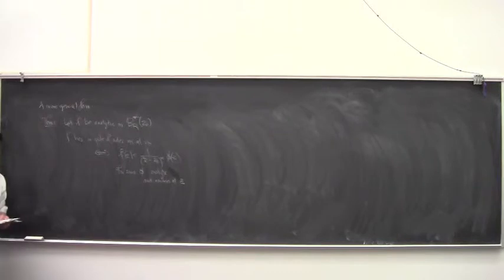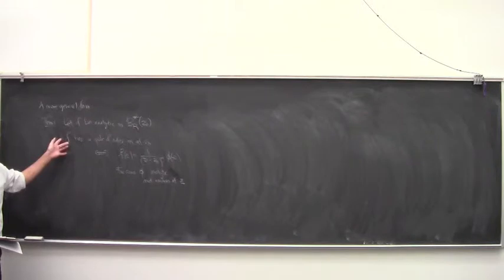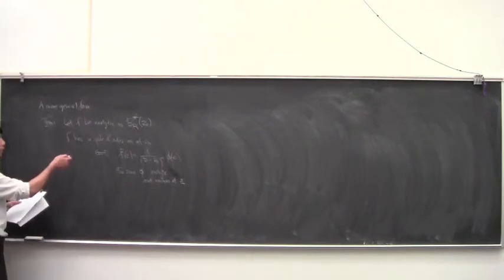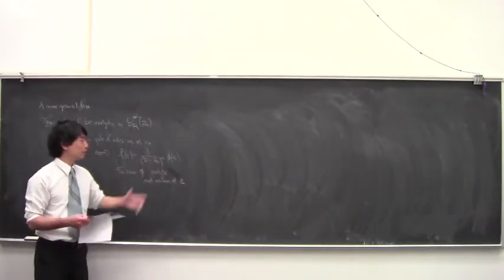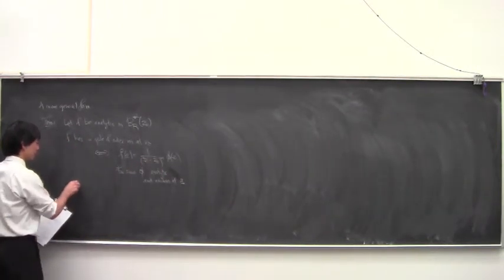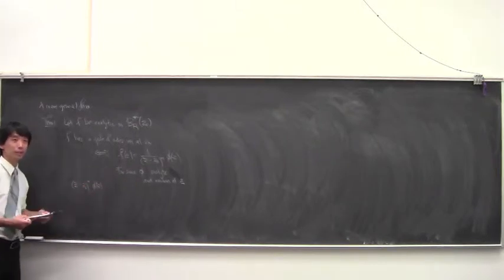This should look kind of reminiscent of something else, right? What does it remind you of? The same statement, not for the poles but for the zeros. Remember, we had the statement that you have a zero of order m if and only if you are z minus z naught to the m times an analytic function.